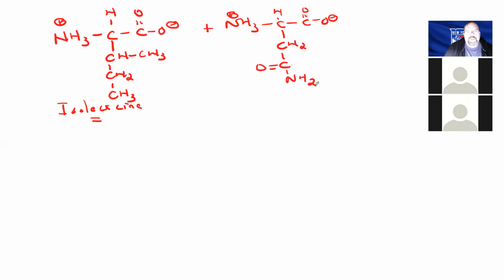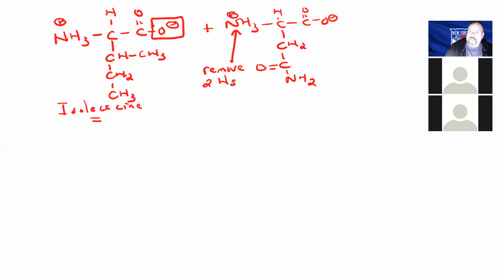All right. So how do we link these amino acids together? As we talked about, we're going to go to the first amino acid, and from the carboxyl group of the first amino acid, we're going to take off the O minus. Then we're going to go to the amino group attached to the central carbon of the second amino acid. And from that nitrogen, we're going to remove 2 hydrogens.